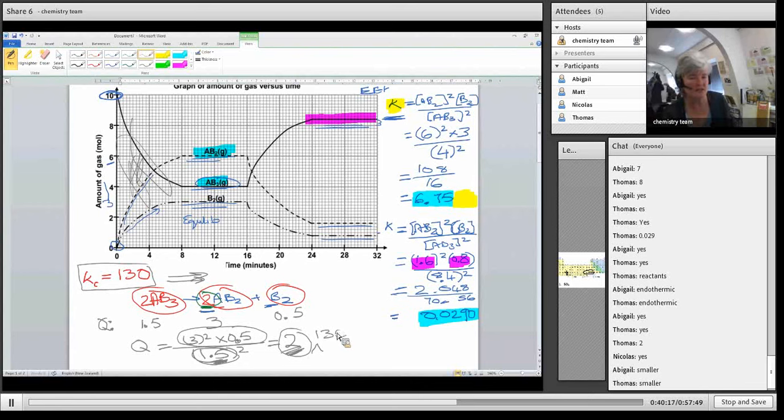I've got to increase the numerator values and decrease the denominator values to try and change 2 to 130. Does that make sense? Yep, okay, because I want to have a bigger number, so the one on top must get bigger and the one at the bottom must get smaller. And the only way it's going to do that is if the reaction goes forwards towards the right, towards the products. So I get less reactants and more products.